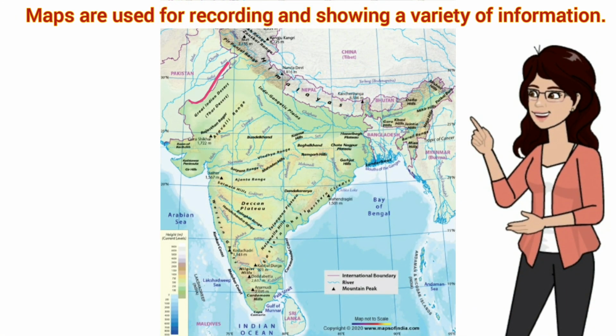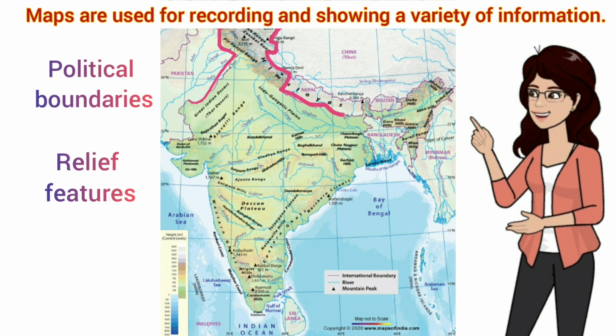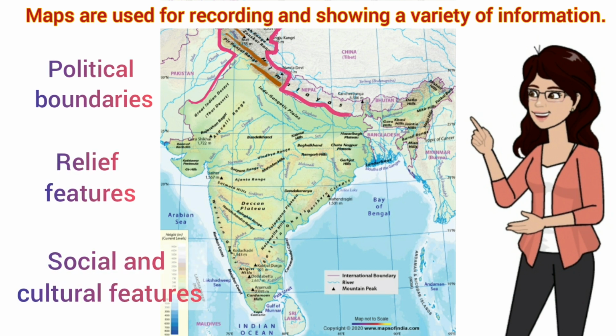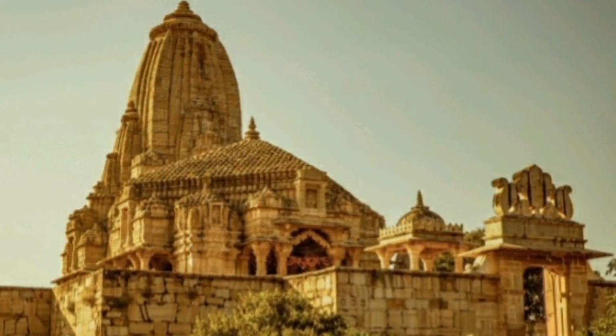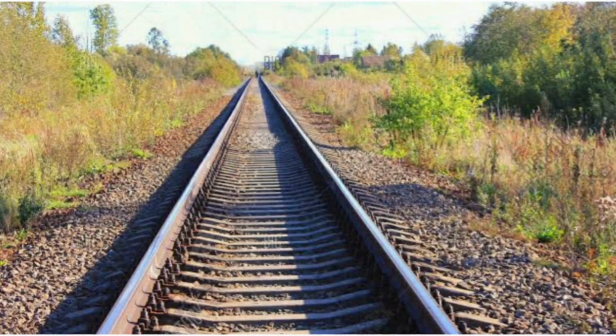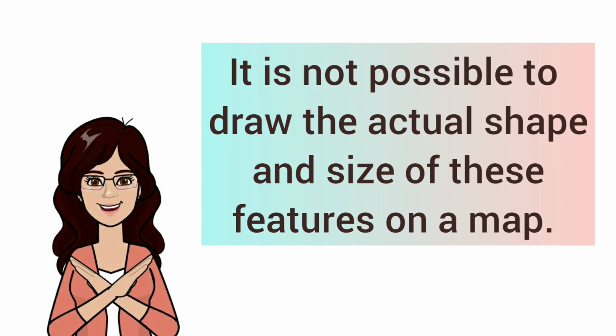As you know, maps are used for recording and showing a variety of information, such as political boundaries, relief features, social and cultural features like temple, buildings, railway lines, etc. But it is not possible to draw the actual shape and size of these features on a map.